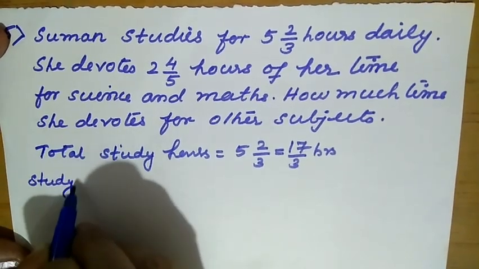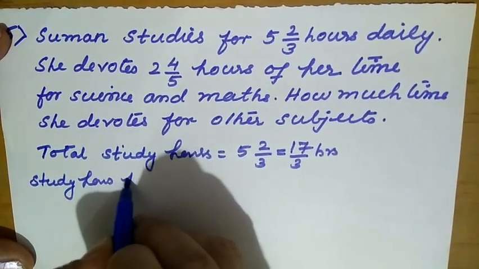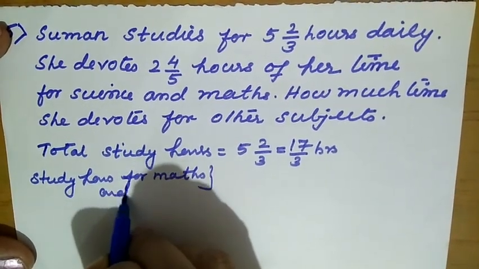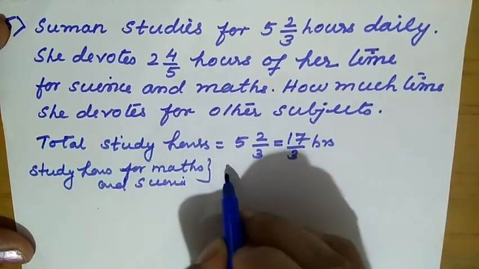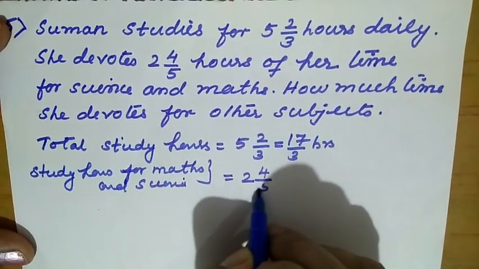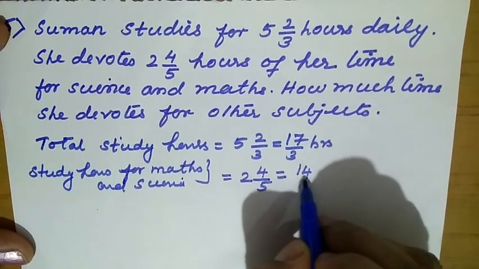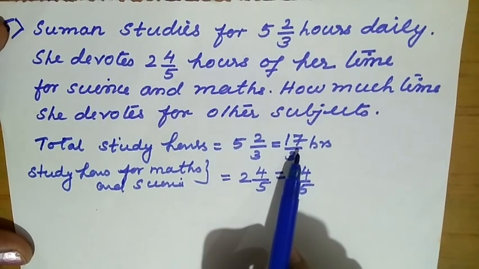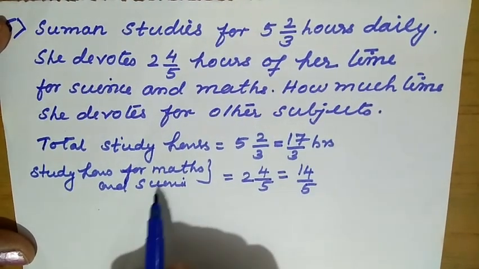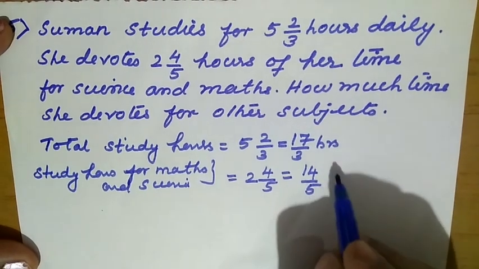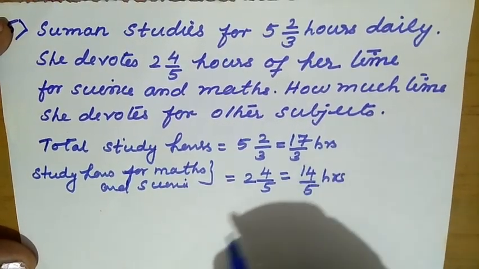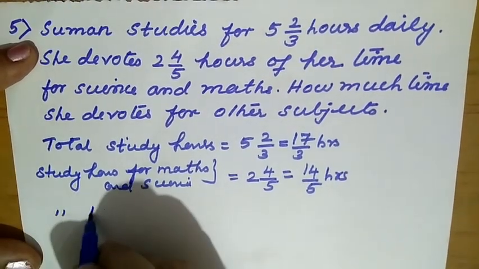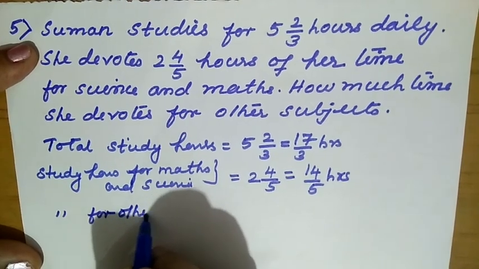Study hours for maths and science equal to 2 integer 4/5, which is 14 by 5. Now total study hour is 17 by 3, and for science and maths she studies only 14 by 5 hours. Now the question is, what is the time devoted for other subjects? So the study hours for other subjects.